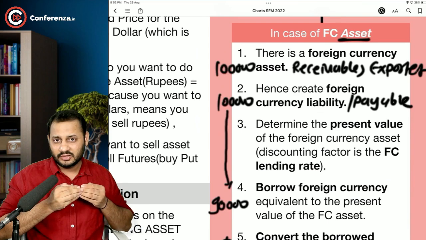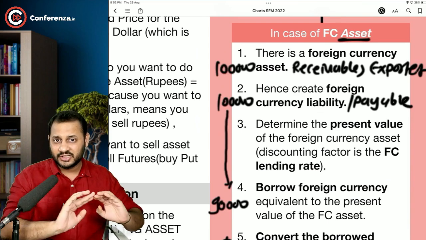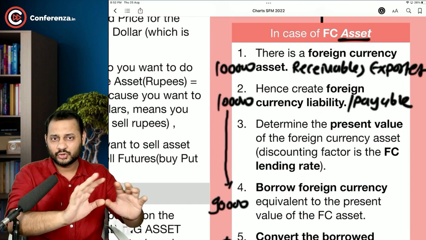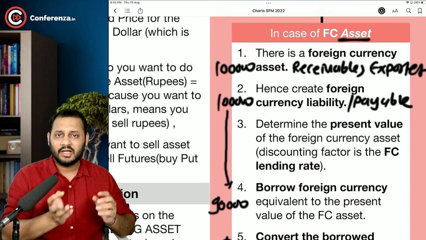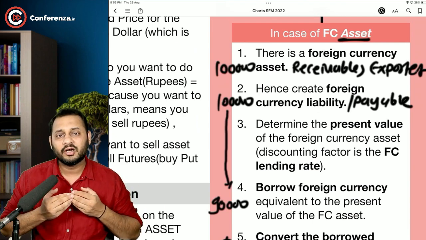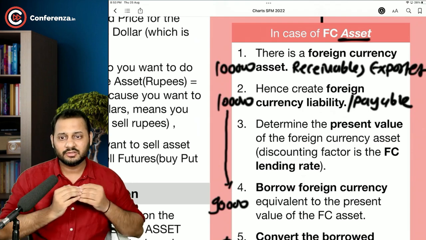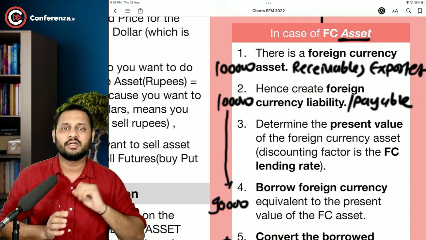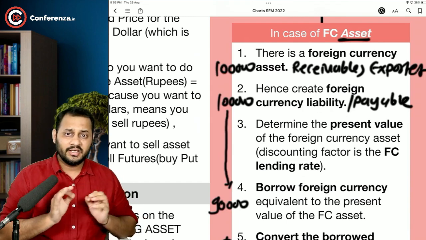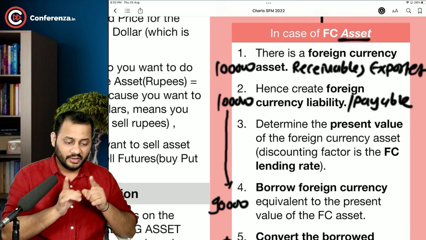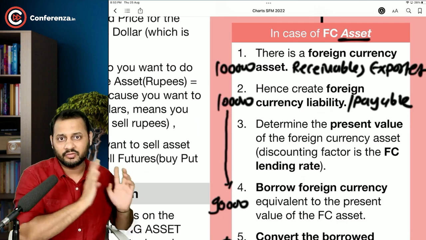That rupees received will be invested back at the Indian bank, and that's it. The story at spot rate is over. And at the end of the 6 months, you will receive the rupees along with interest. So it's just one-to-one action. If you are bringing the cash flow in, just make sure that it is going out. It's very easy, sir. Coming in, going out, coming in, going out. After every inflow, there has to be an outflow.